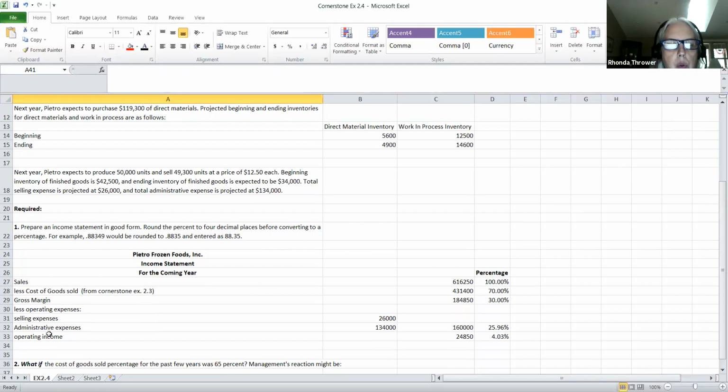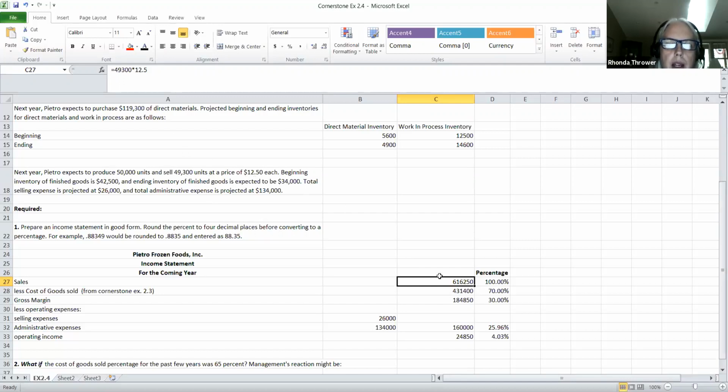This is the format. It's really a short multi-step income statement that they're reviewing with you. On the income statement, we'll start with our revenue account, which is our sales. We're going to take the 49,300 units that we were expecting to sell, and we're going to multiply it by the selling price for 1 unit.